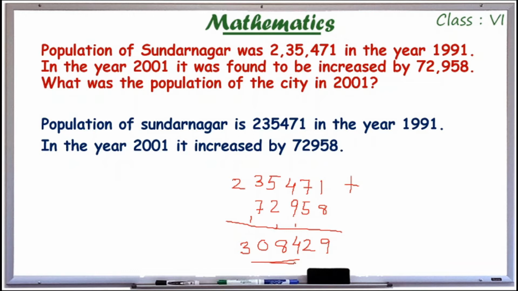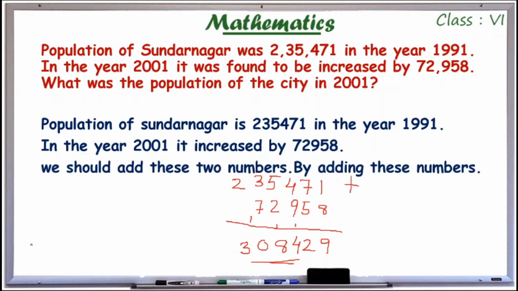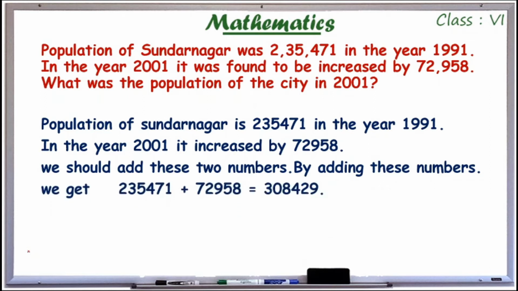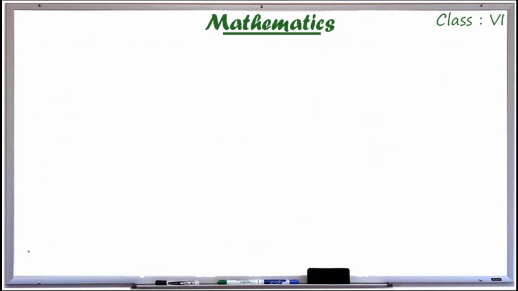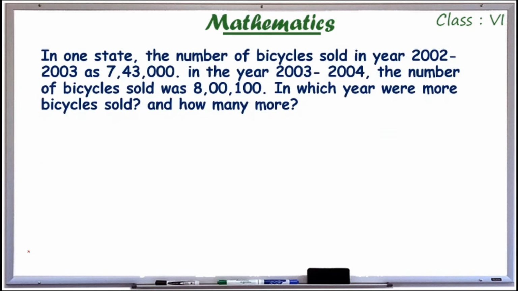Then the answer is 3,08,429. So the population of the city in 2001 is 3,08,429.